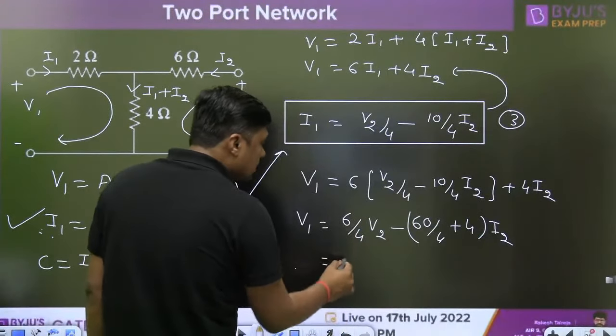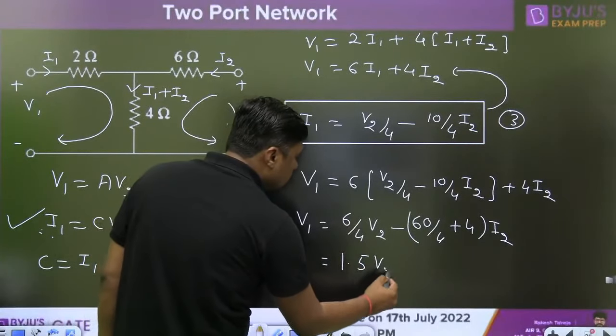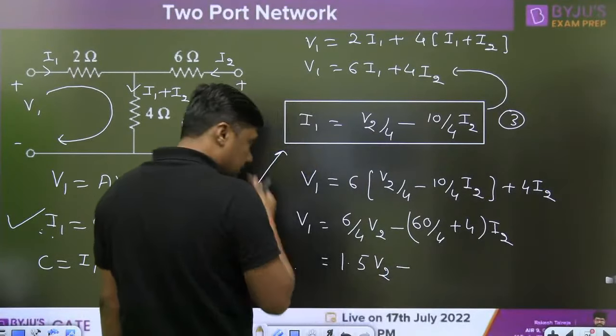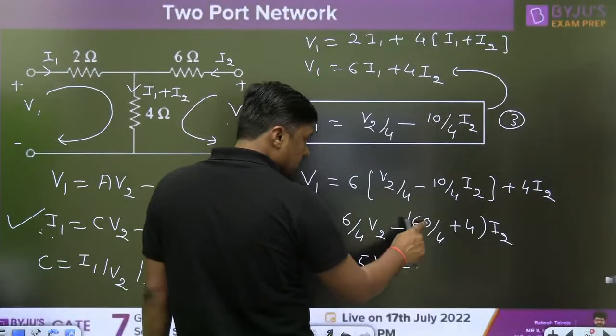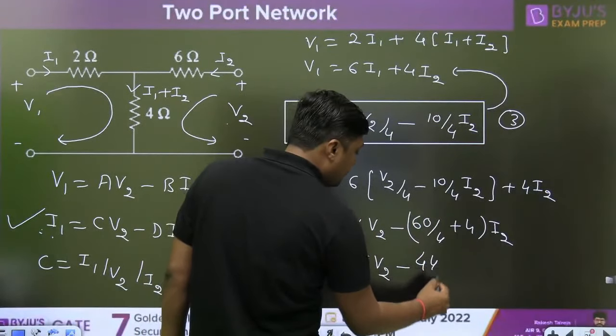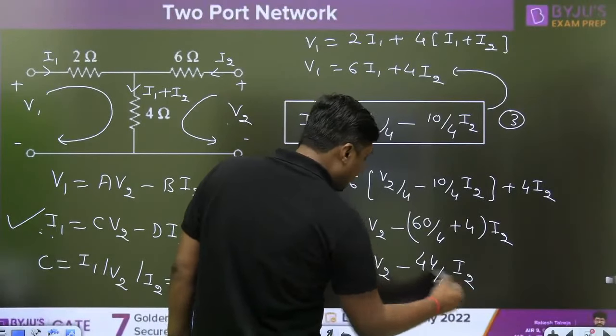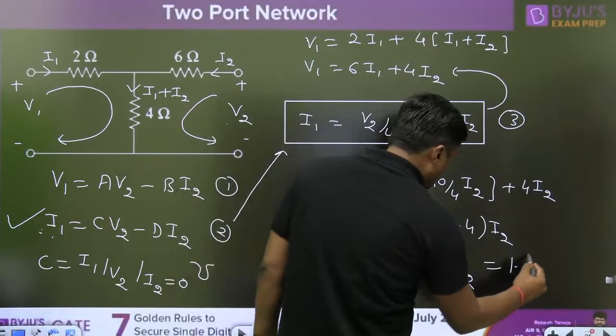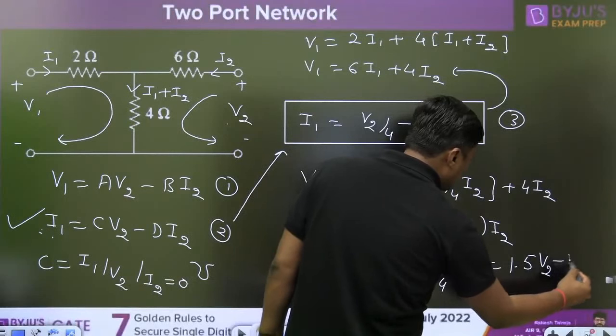Then this is nothing but 1.5 V2. This is nothing but minus, 60 minus 16, that is 44 by 4 I2. That is nothing but 11. So 1.5 V2 minus 11 I2.